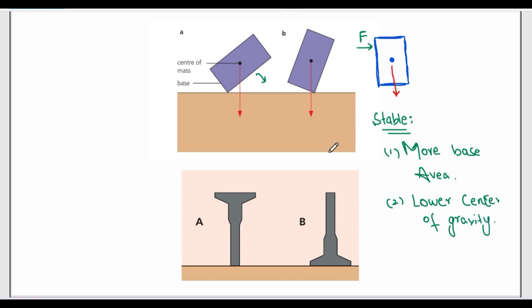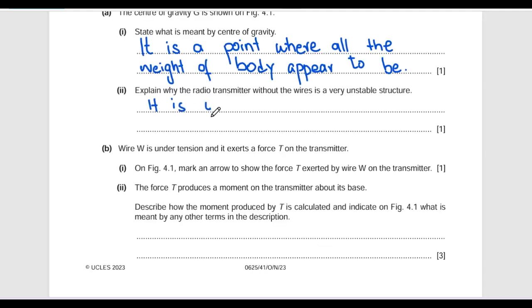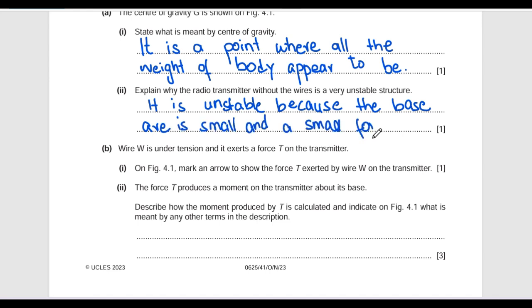For example, in this case, this has a lesser base area, and if you apply a small force to it, it will topple over. But this one has a larger base area, and this is a stable structure. It can't be toppled with less force. So less base area makes it unstable. I'm writing the reason that it is unstable because the base area is smaller and a small force can topple it over.